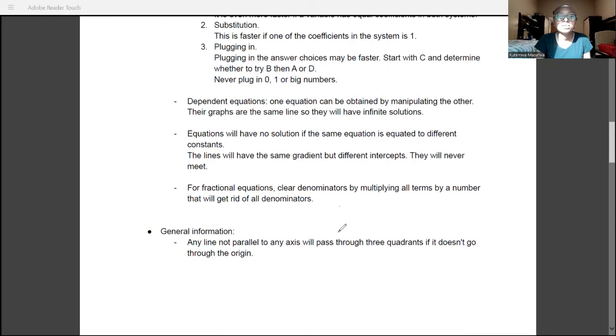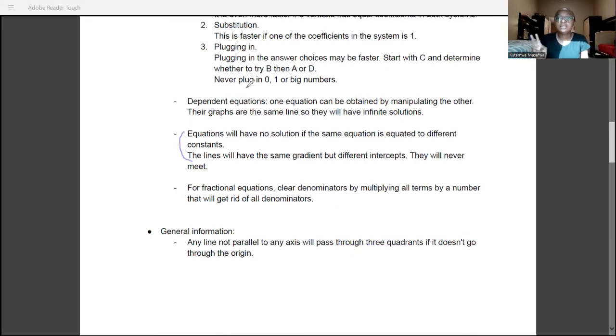The explanation for this is that if you have two lines that have the same gradient, but they go through different points, right? They have the same gradient and they're ascending at the same rate, they're never going to meet. So that's where the basis of this rule comes from.